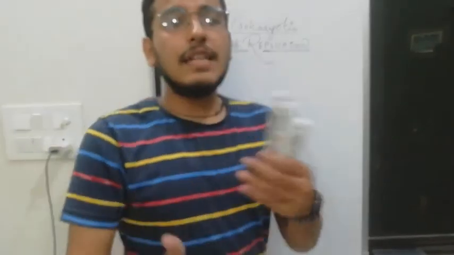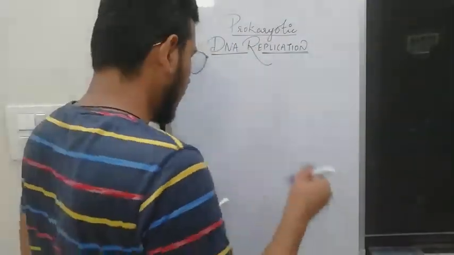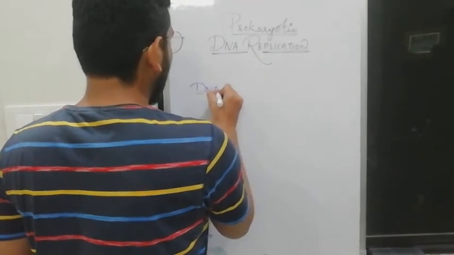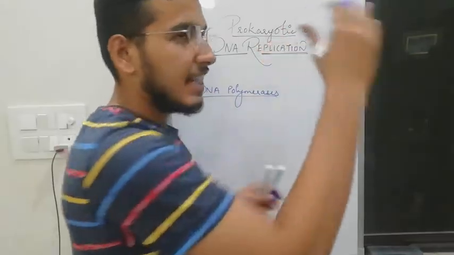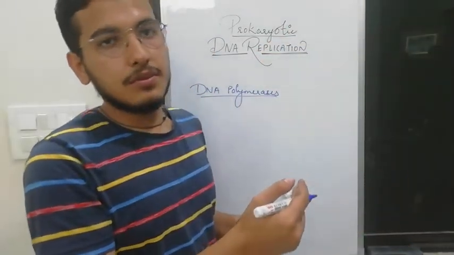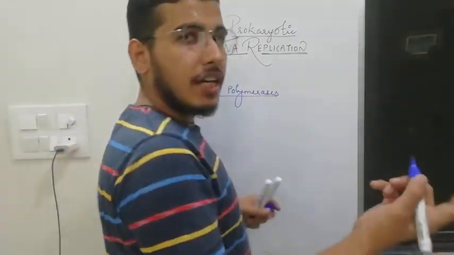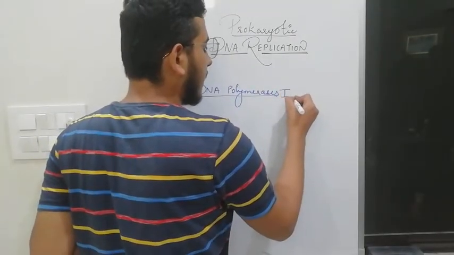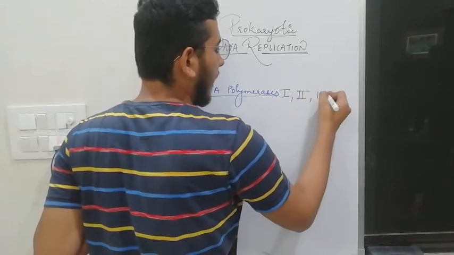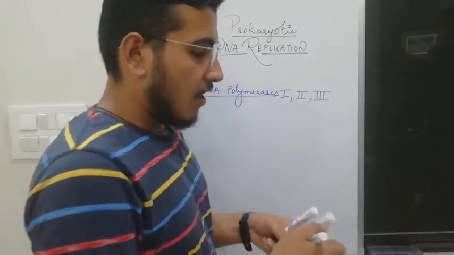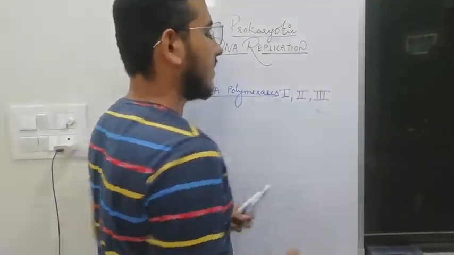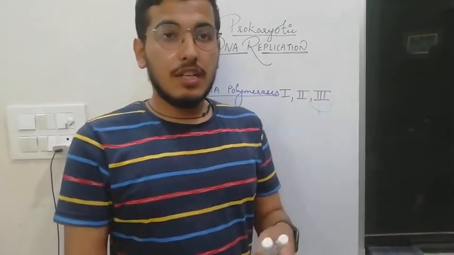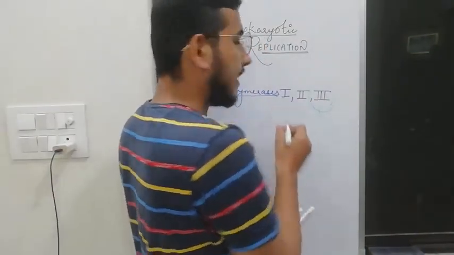Now various enzymes are involved in it. We will see DNA polymerases. As DNA is forming, the enzyme used is DNA polymerase. In prokaryotes, there are three types: 1, 2, and 3. DNA polymerase 3 is the important enzyme which actually polymerizes the DNA.